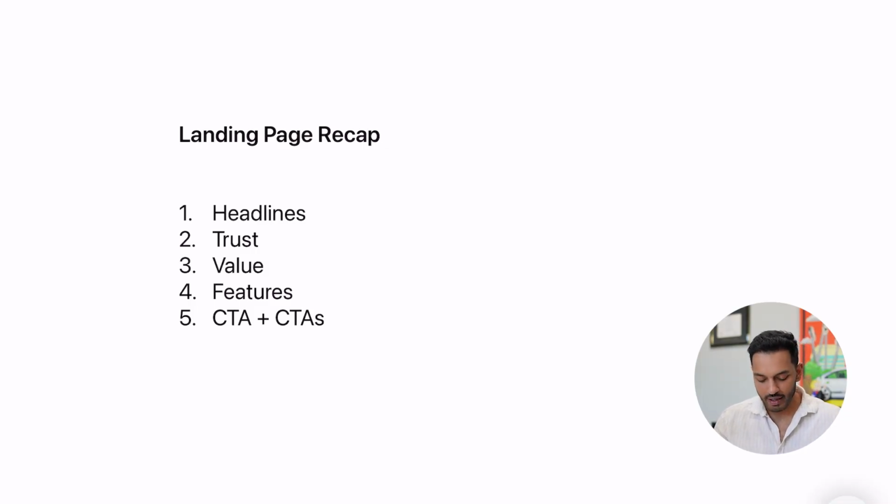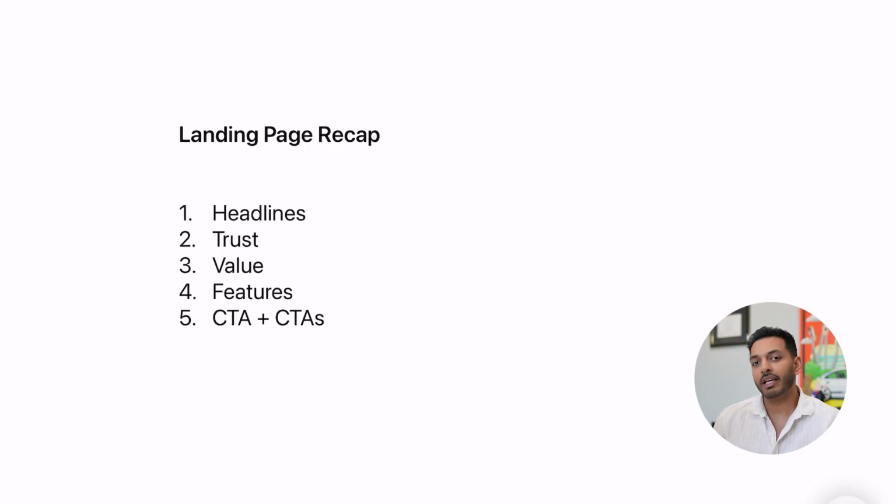So number one thing, landing page recap. I've actually done a video around this already, so I won't dive in too deep, but let's go over the quick fundamentals of a landing page. When it comes to landing pages, there's a few things to keep in mind. Number one, what is the headline that you're using? And then you're balancing different things like trust, value, and the features of your product as well.